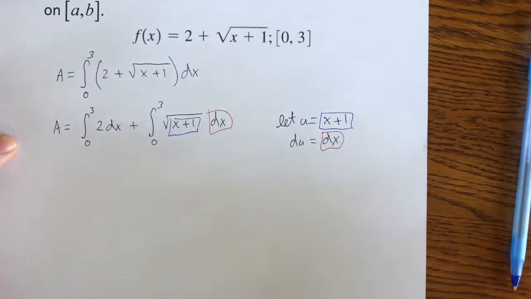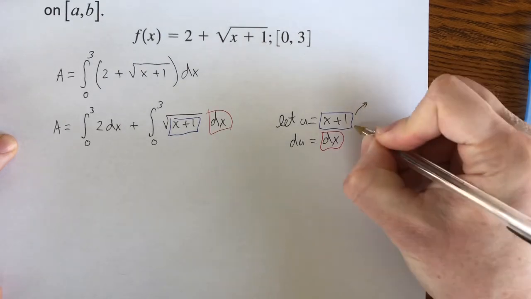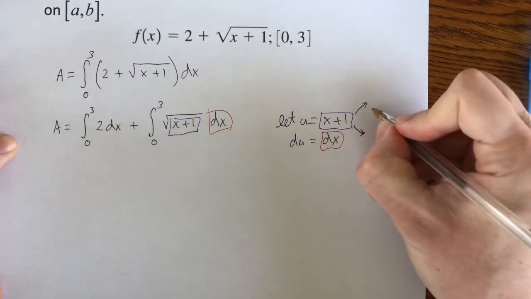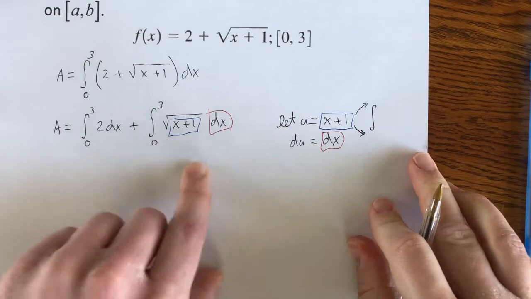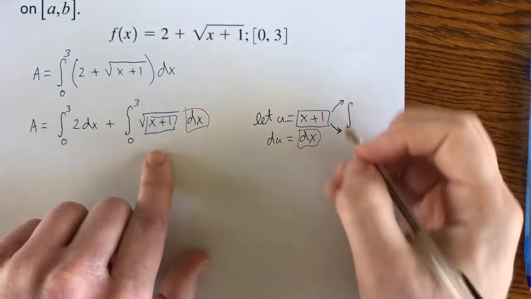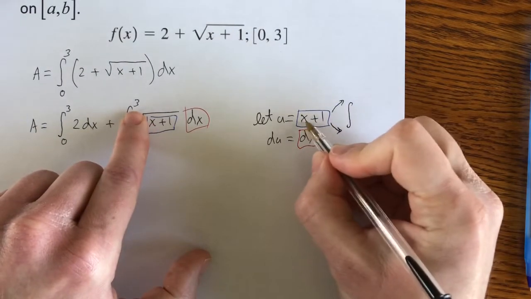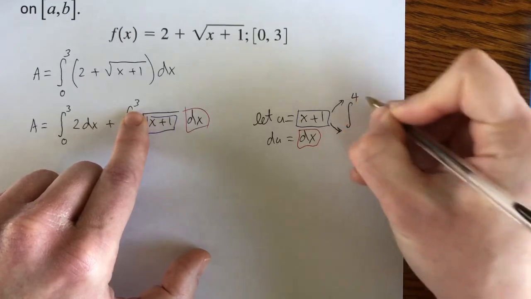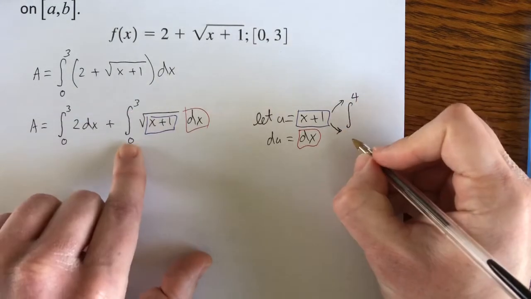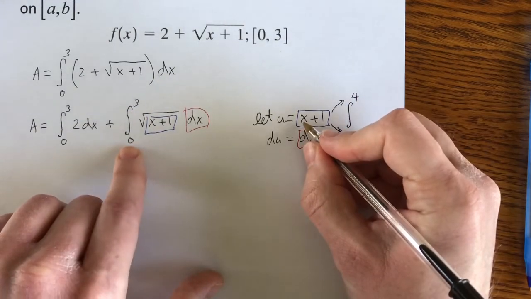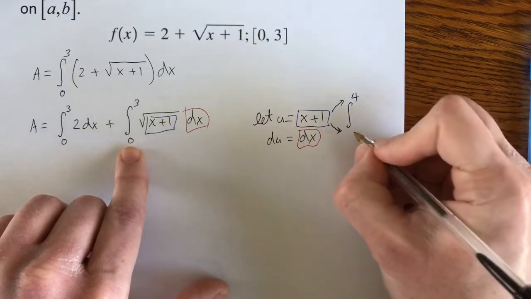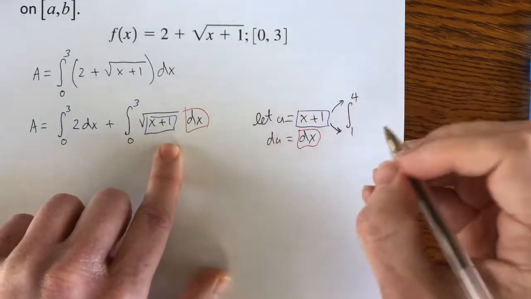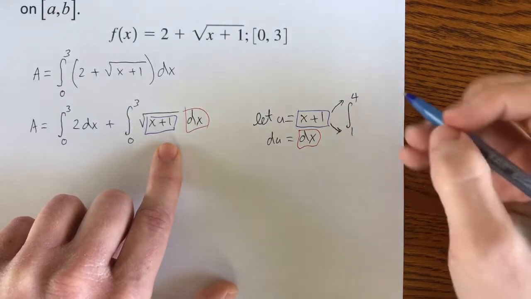All right, so let's rewrite this. Let's change our limits of integration. Initially, what do we have? Well, the upper limit was 3, so plug in a 3 for this x, and you get 3 plus 1, which is 4. Then down here, change our lower limit of integration: 0 plus 1 is 1. And now let's rewrite it in terms of u.